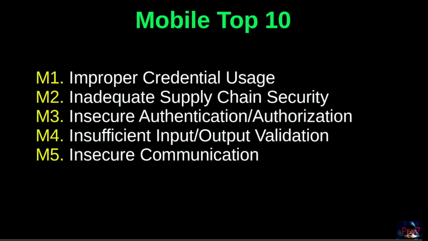We start with mobile risk number 1, which is improper credential usage. This is a major issue found in real-world applications, with sensitive credentials like API tokens, passwords, or secret keys hard-coded into the source code or stored in plain text in application files. These secrets are normally low-hanging fruit for attackers who can reverse engineer applications, especially on Android where APK decompilation is very trivial.